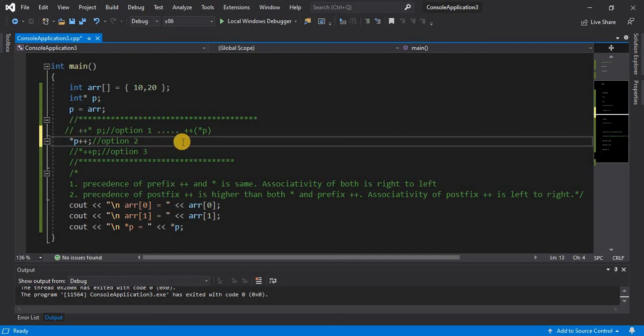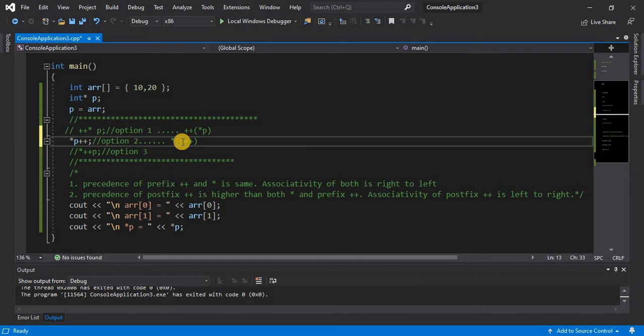Since the precedence of postfix plus plus is higher, we can read this out like *(p++). The meaning of this is this, because the postfix plus plus has higher precedence than the star. Okay.